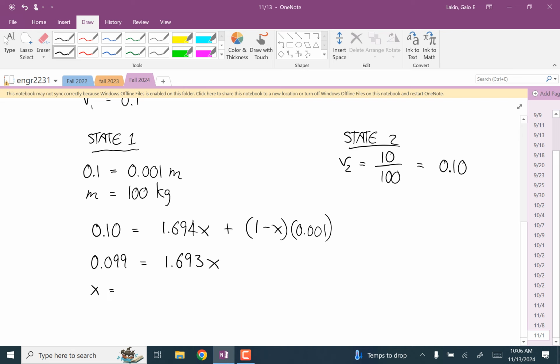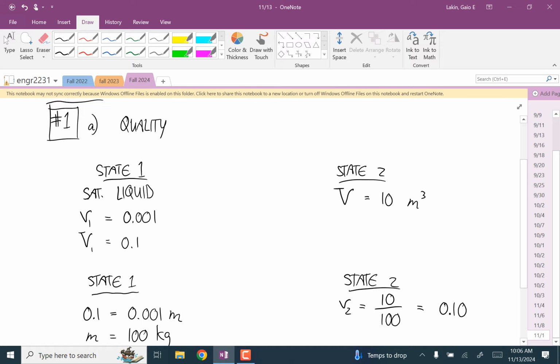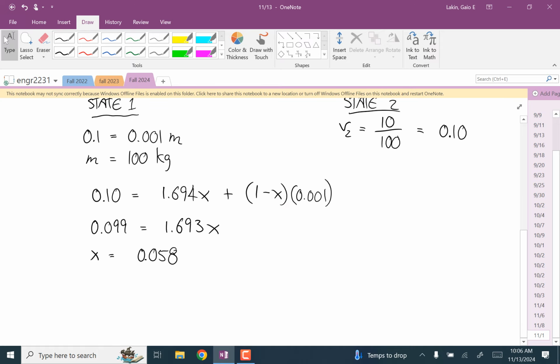And so x is equal to 0.058. So 5.8% liquid? Yeah, that's right. No, that's wrong. 5.8% vapor. Got it. Yep.